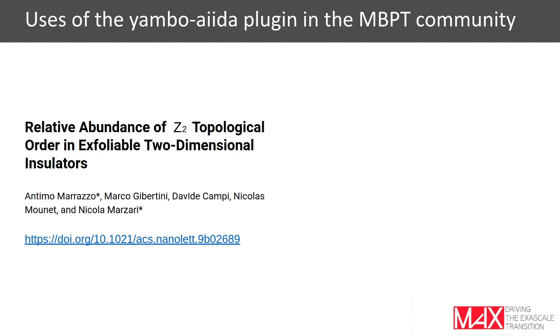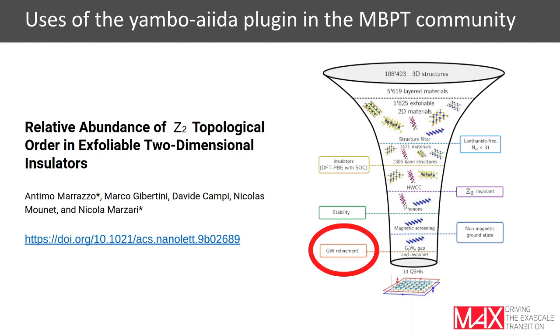To do that, they first did a screening on the basis of DFT calculations, and then they did a final GW refinement using the Yambo plugin. They successfully identified 13 monolayers that are candidates for quantum spin Hall insulators. These materials can be promising for many technological applications in the field of electronics, spintronics, and topological quantum computing.